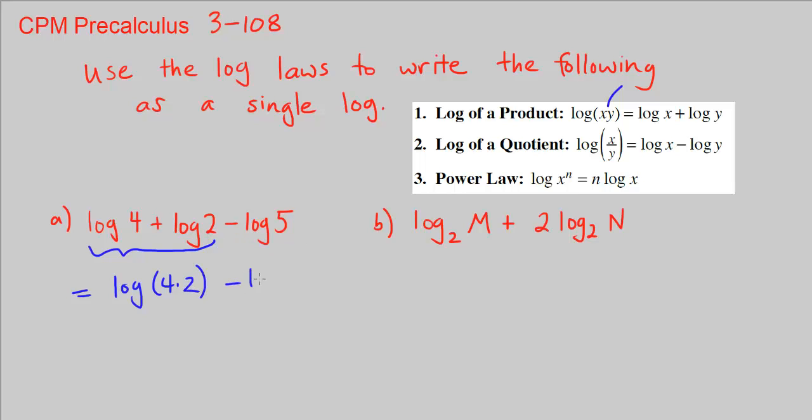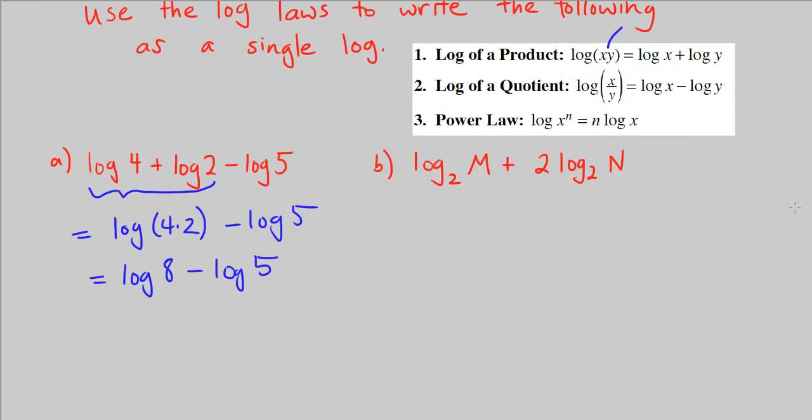Don't forget the minus log 5 here. 4 times 2 is 8. So we can rewrite this as log of 8 minus log of 5. Now we can use the log of a quotient law. We're subtracting here. That means we can combine these to make a quotient, the one that's positive on the top.